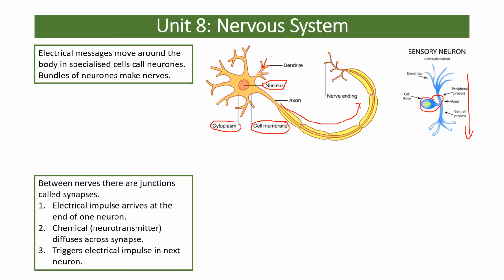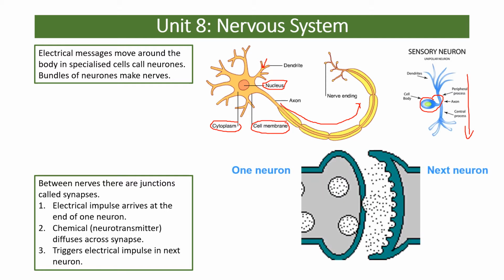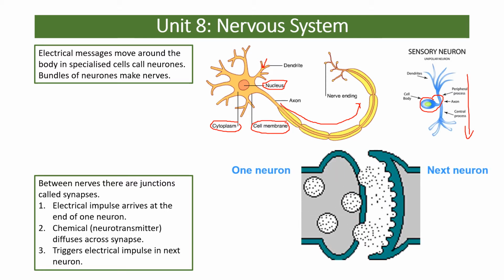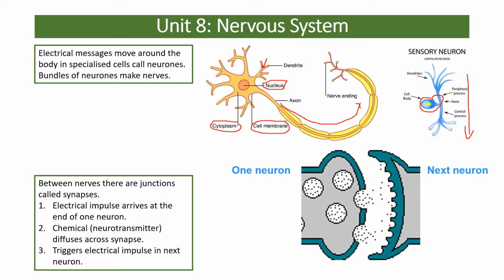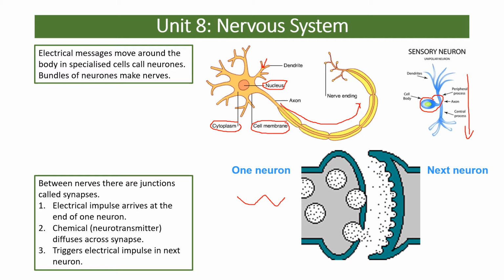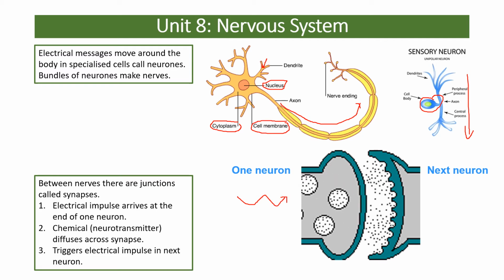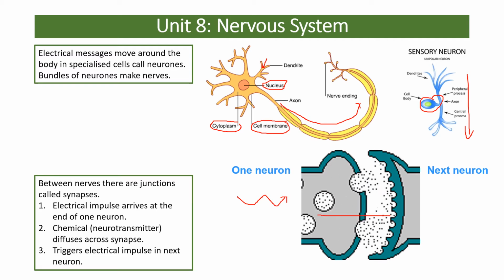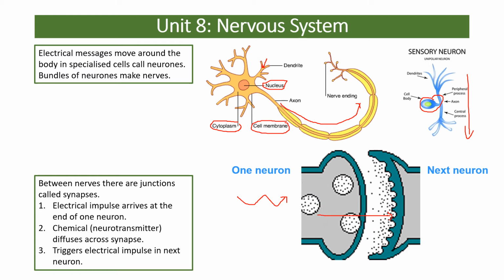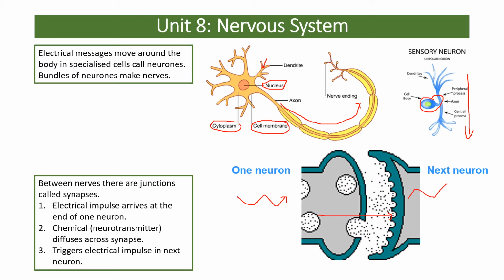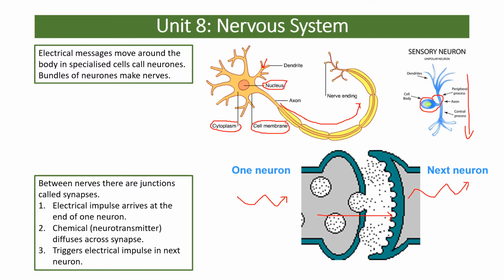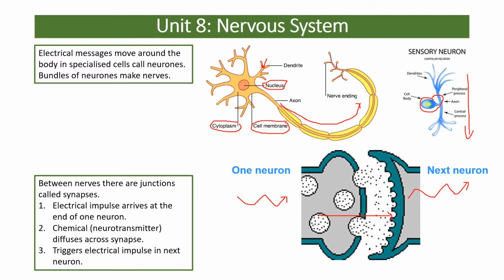Between nerves, because obviously they're not tied together, there are junctions called synapses. You need to understand that these work by having an electrical impulse arriving at the end of one nerve. That releases a chemical, or neurotransmitter, which diffuses across the synapse, and that activates a nerve impulse in the second nerve, which then fires more nerve impulses.